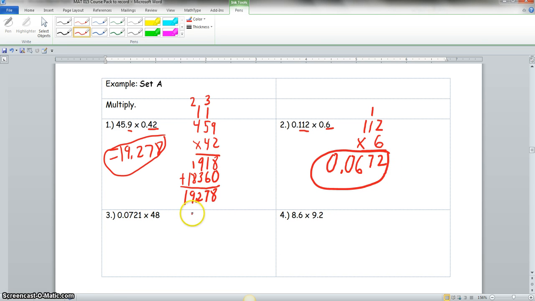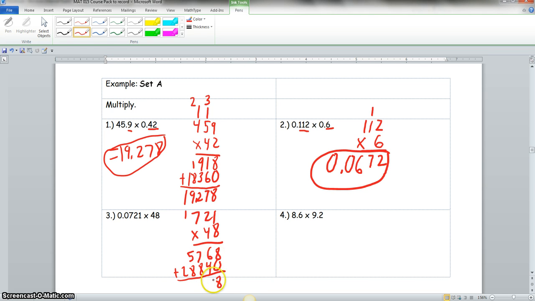Now we go to number 3. We have 721 times 48. 8 times 1 is 8. 8 times 2 is 16. Carry a 1. 8 times 7 is 56. Plus 1 is 57. Now we add a 0. 4 times 1 is 4. 4 times 2 is 8. And 4 times 7 is 28. Now we add all these values together.